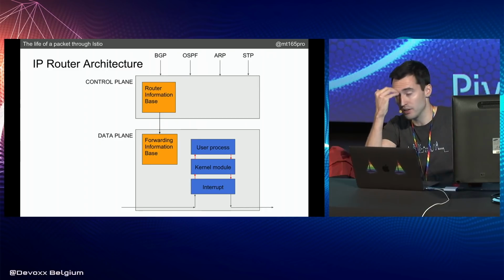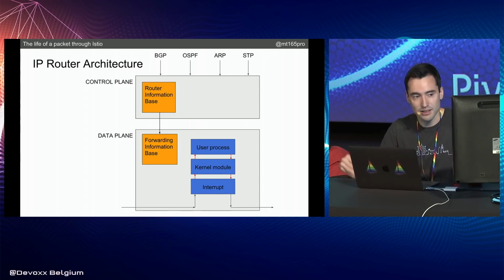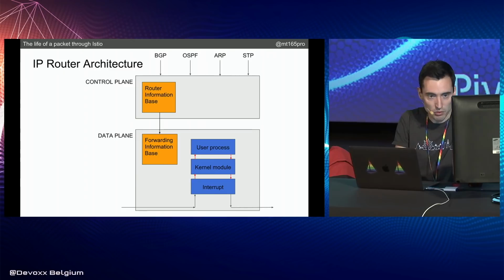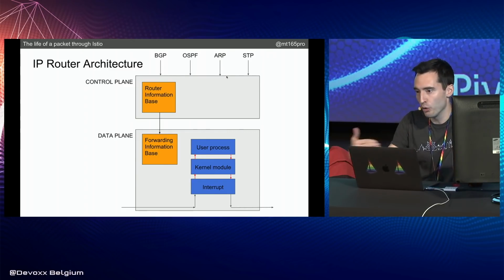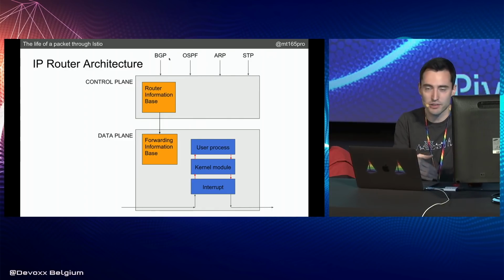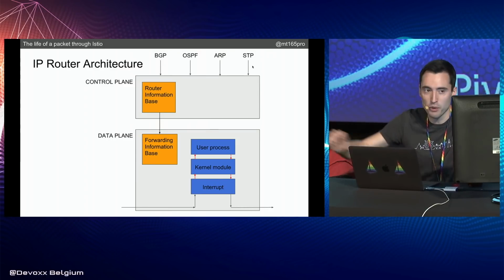So if this router is connecting your data center to the internet, it's going to have information coming in from ARP on the inside saying all the boxes actually plugged into it and what their IP addresses are. It's going to be getting BGP from the outside saying where all the routes are going. There's maybe some OSPF coming in telling it how to take short paths to particular places. On the inside, spanning tree protocol will say don't go that way, you'll cause a loop.